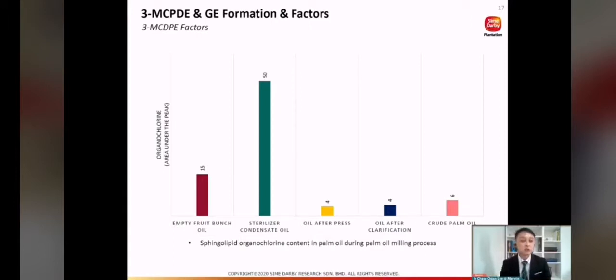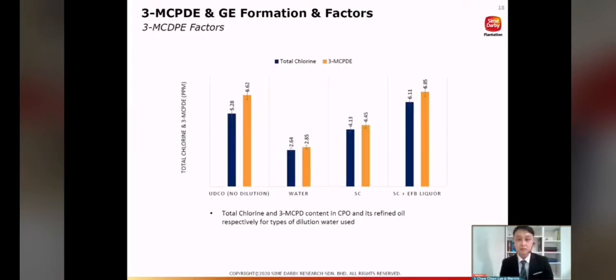However, I would like to take note that sphingolipid organochlorine is one of the most abundant organochlorine species in the palm oils. In general, we have more than 200 types of organochlorine compounds, but this sphingolipid is among the highest ones. Next.